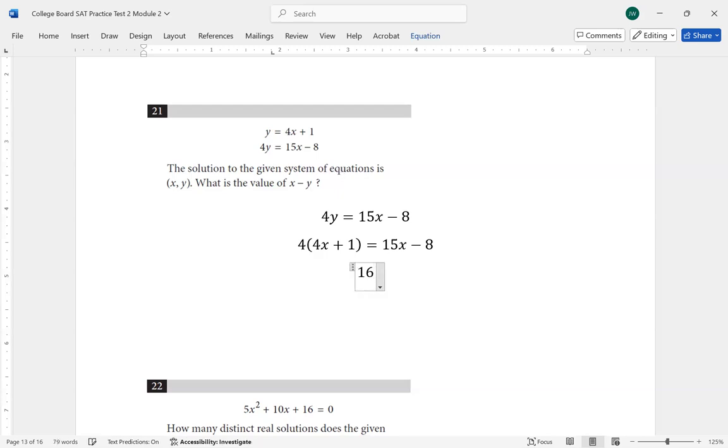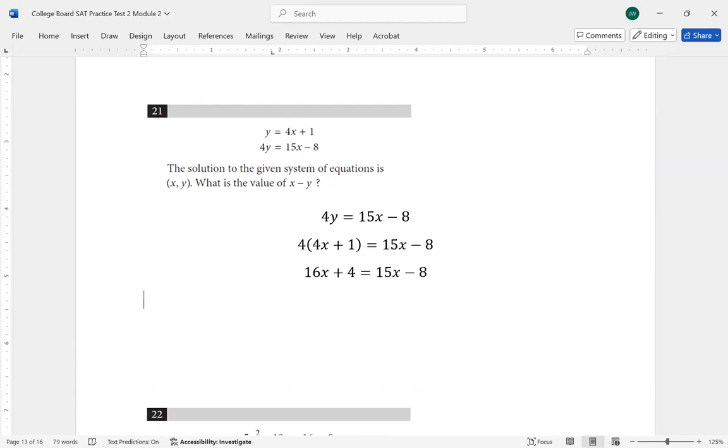We'd end up getting 16x plus 4 is equal to 15x minus 8. Subtracting 15x from both sides and then subtracting 4 from both sides gives you 1x is equal to negative 12. So x is equal to negative 12.